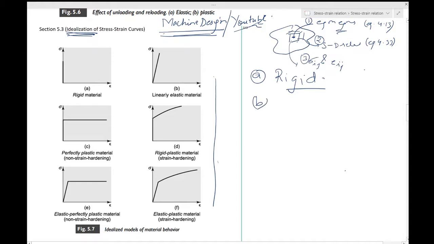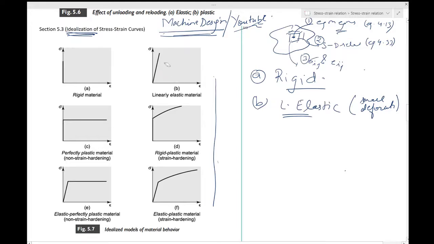Then you have a linear elastic material, in which the strain is proportional to the stress. This idealization is useful when we are designing for small deformations. So if you have a piece of metal, and you have seen the graphs in figure 5.5 before, clearly they don't look like this.